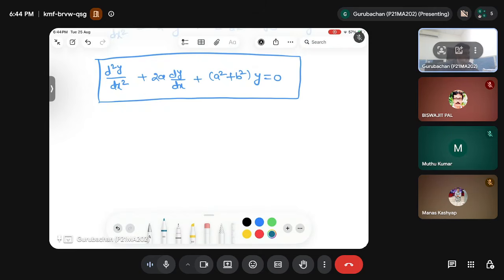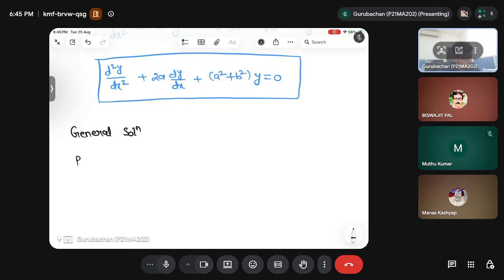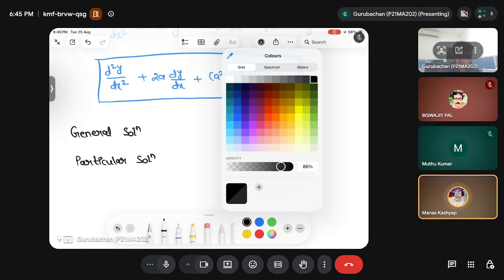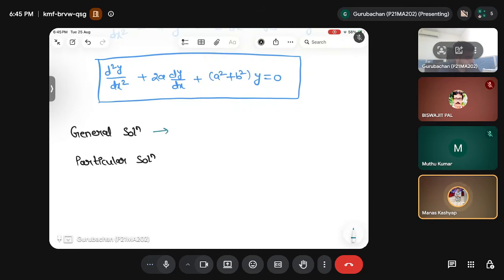So what is the general and particular solution of a differential equation? General solution will contain arbitrary constants as coefficients of some variables, and particular solution will not contain arbitrary constants.